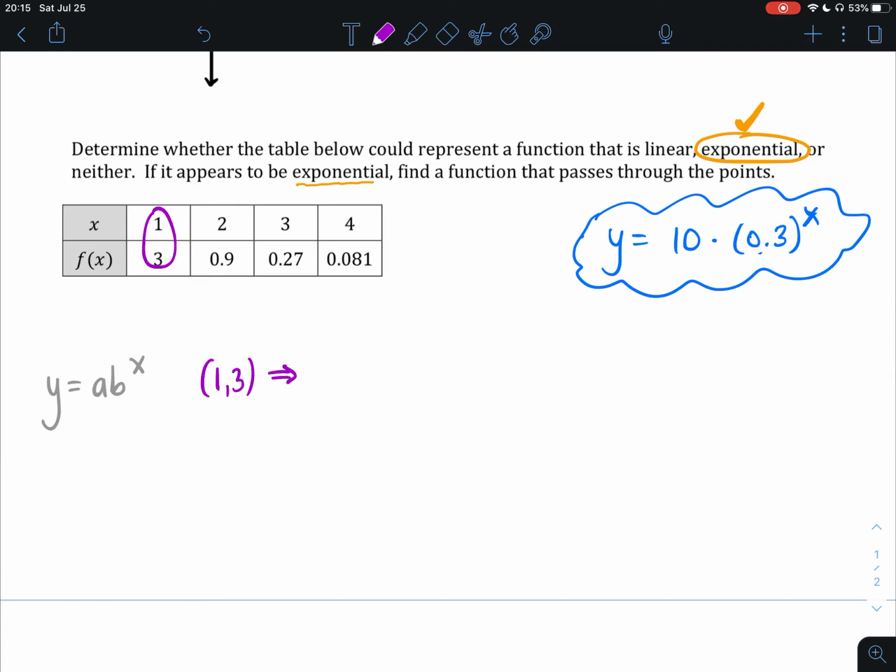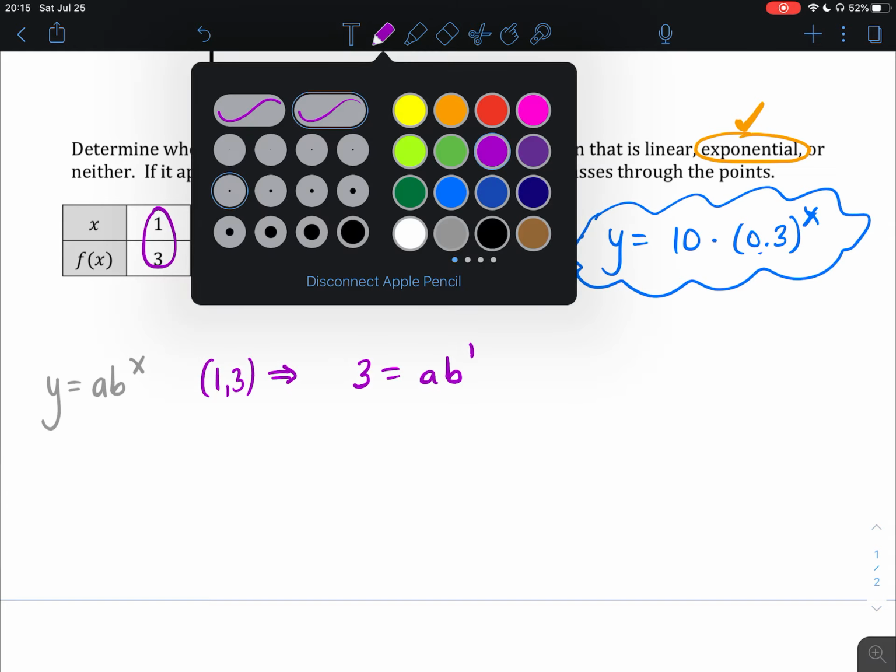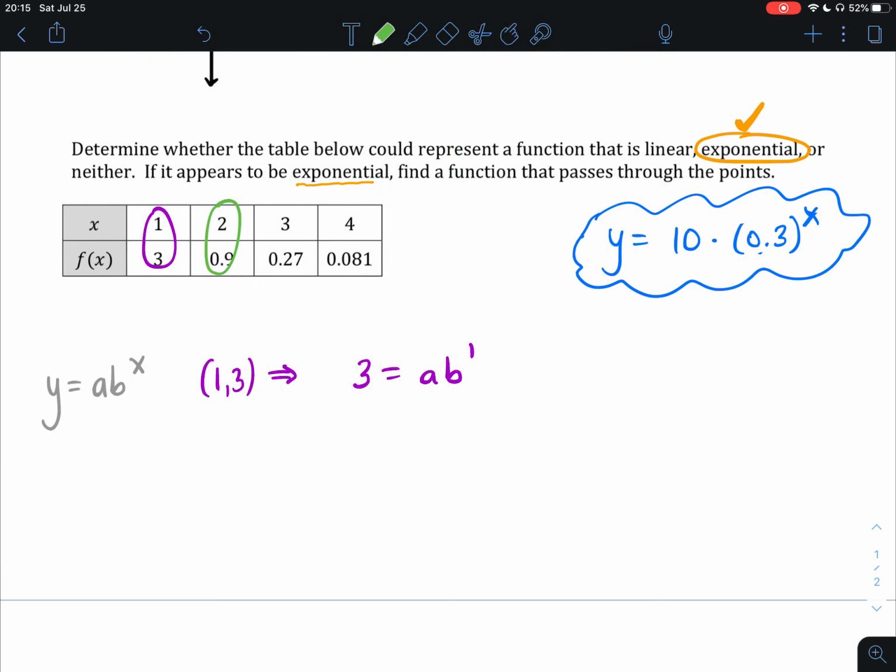If we apply the point 1, 3 to this y equals ab to the x model, I would get 3 equals ab to the first. Let's grab another point from our set of data. Let's grab 2, 0.9, and plug that in.